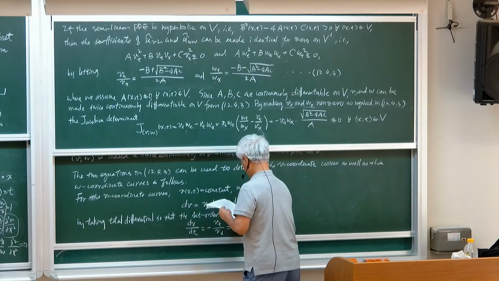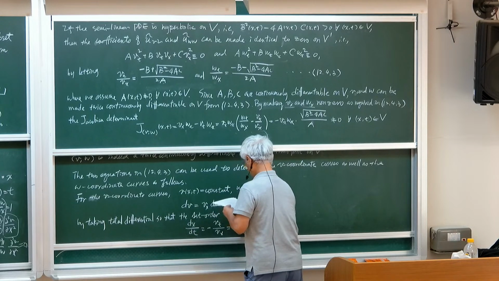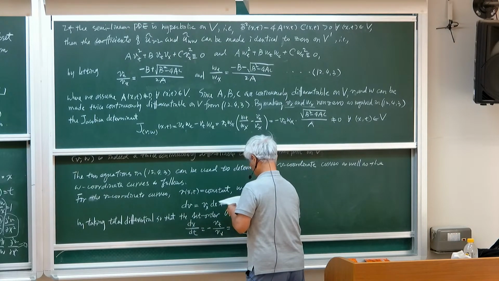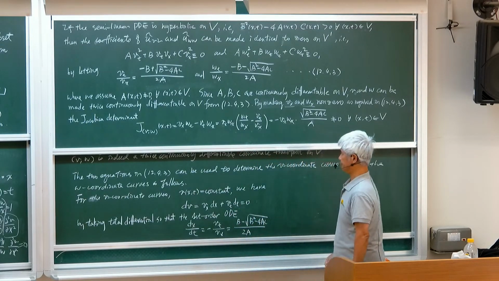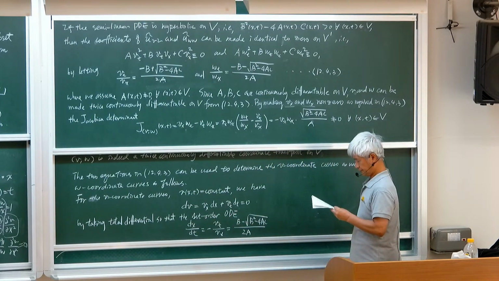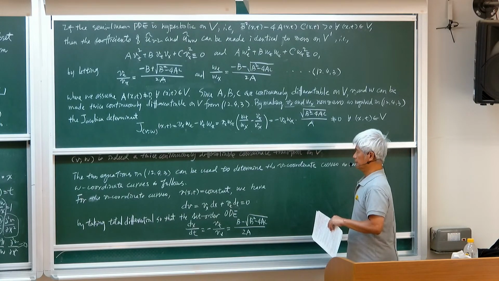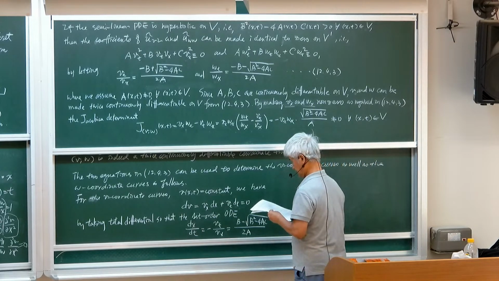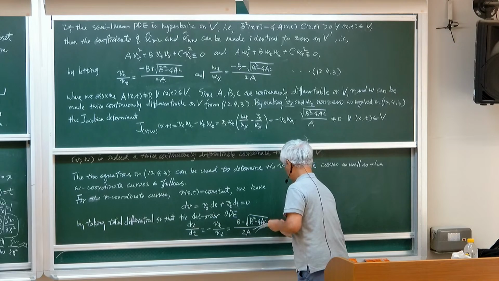And this is equal to (b minus the square root of b squared minus 4ac) over 2a. Okay, and this ODE governs the family of v coordinate curves.